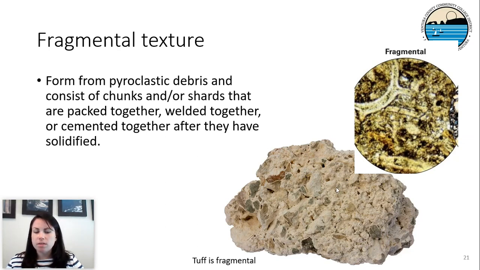The surrounding rock that is cemented with these chunks looks a little bit different from the chunks themselves. This is what we would describe as a fragmental texture. It's not uniform. It's where things are just packed together and fragmented.